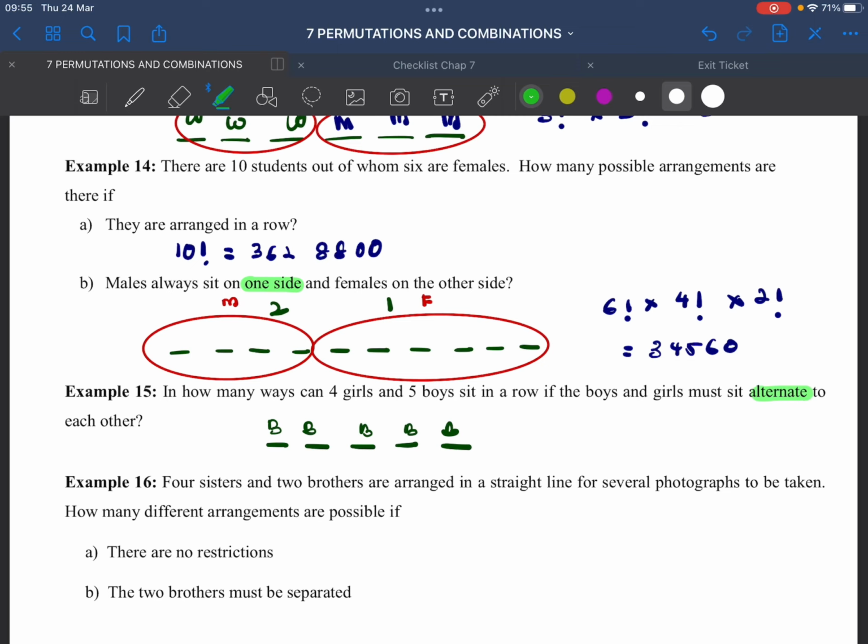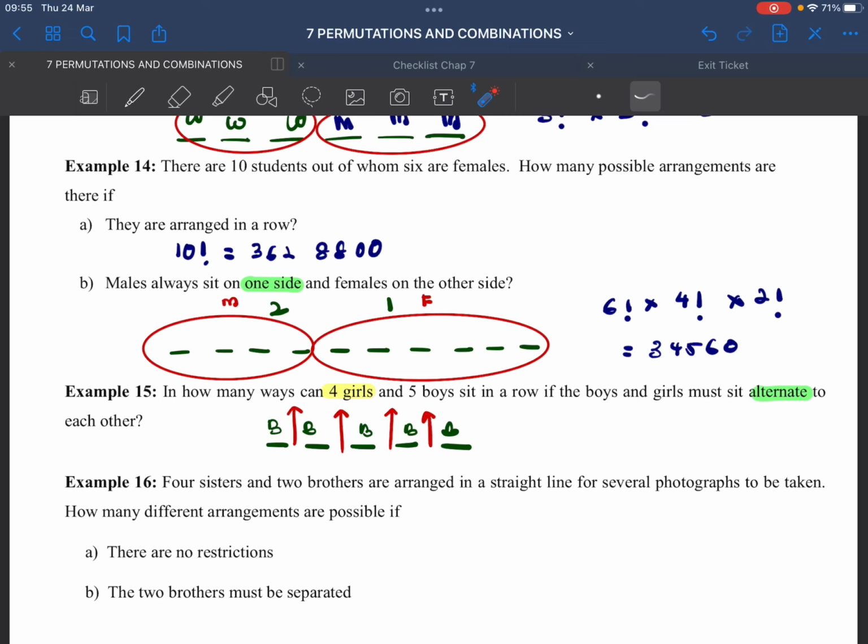Bersilang. Okay, so you only have 4 girls dekat sini. Only have 4 girls. So, kita susun. Mungkin girls tu akan duduk dekat sini. Mungkin di sini. Okay, boleh tak di sini or di sini? You only have 4 girls.